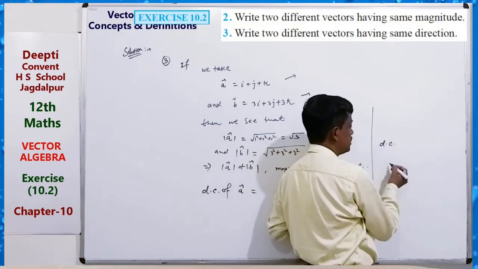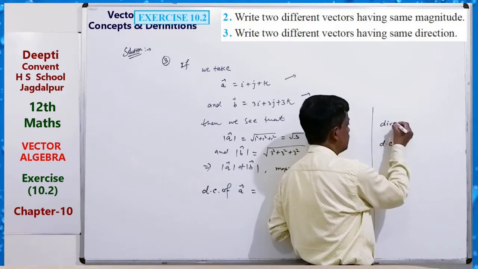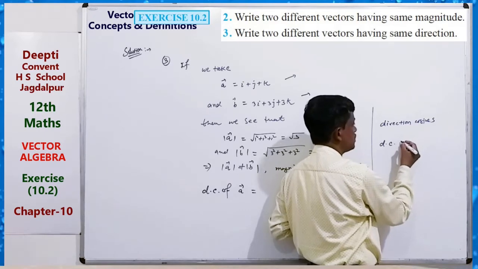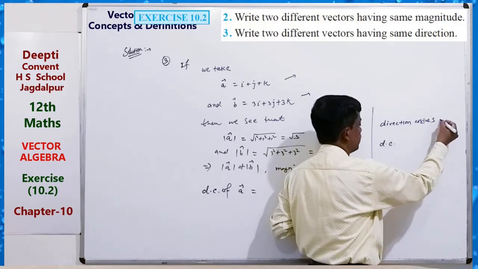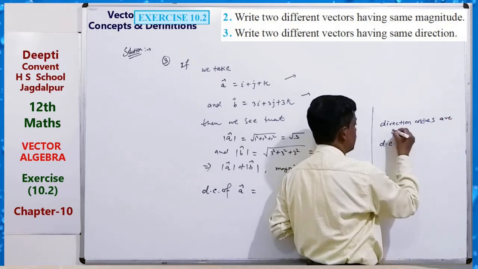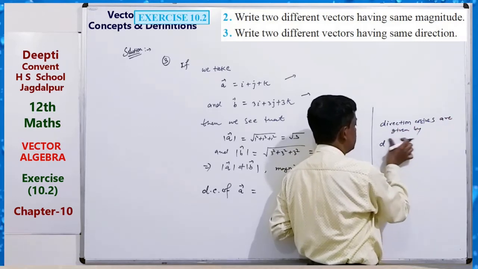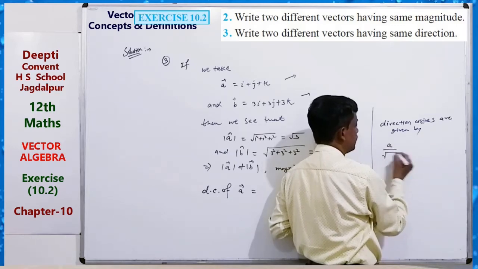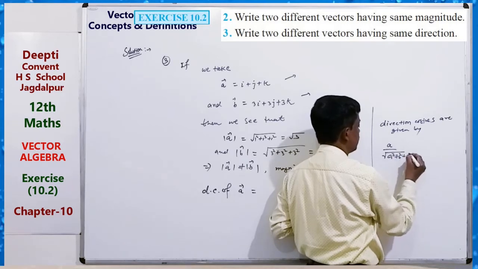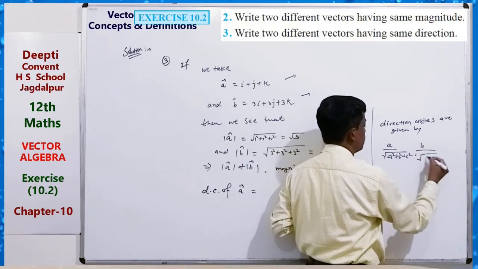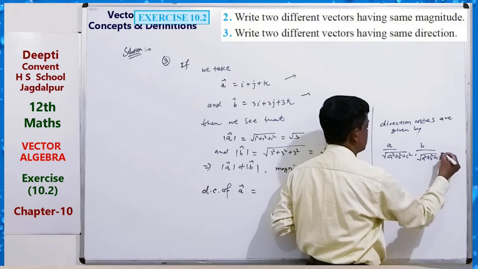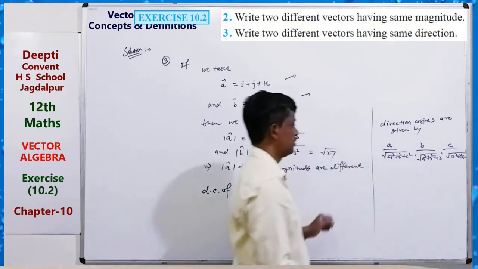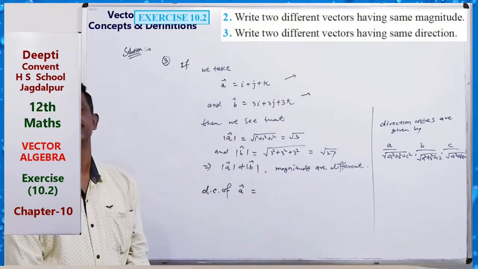Direction cosines are given by a by root of a square plus b square plus c square, b by root of a square plus b square plus c square, c by root of a square plus b square plus c square, where a, b, c are direction ratios.